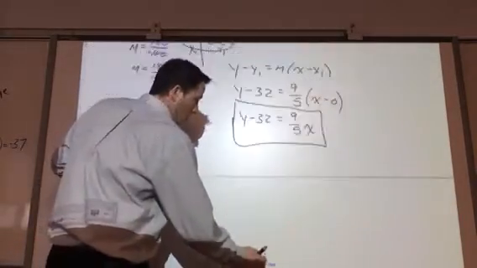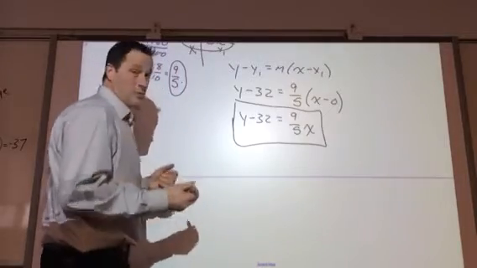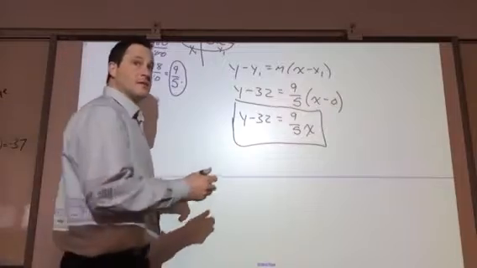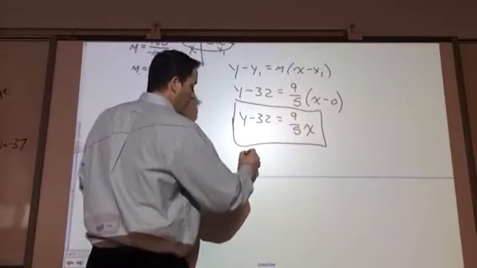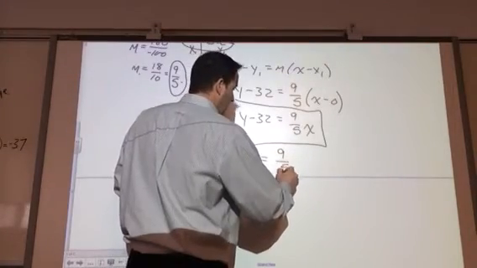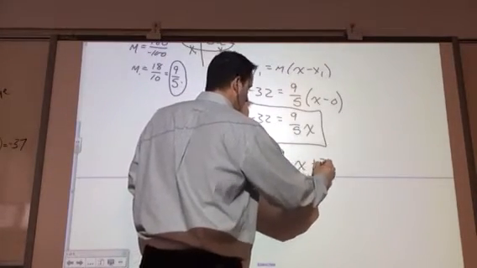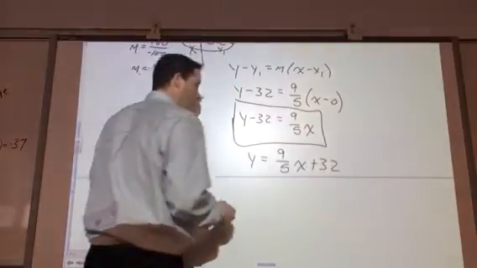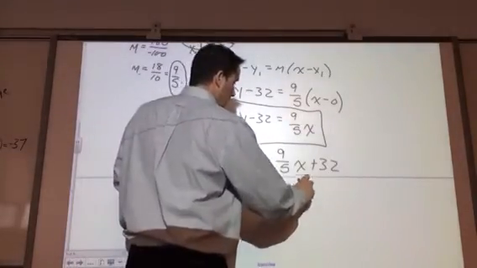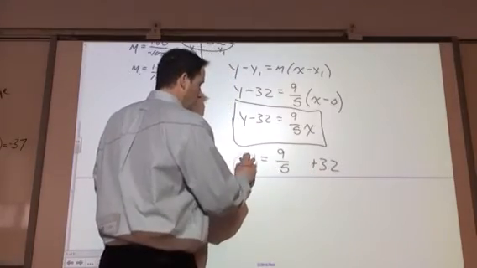Now, personally, I'm always more comfortable when I'm in y equals mx plus b. And since we have it set up like this, we can add 32 to both sides, and y equals 9 over 5 x plus 32. So, if you want to convert Celsius, and it's not y and x, I need to go back, that's really important right now.